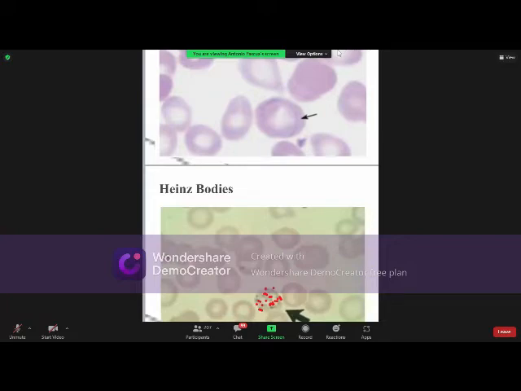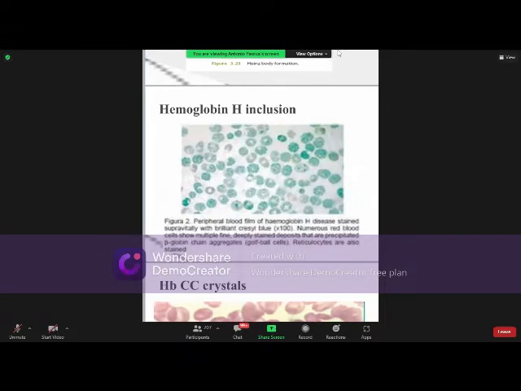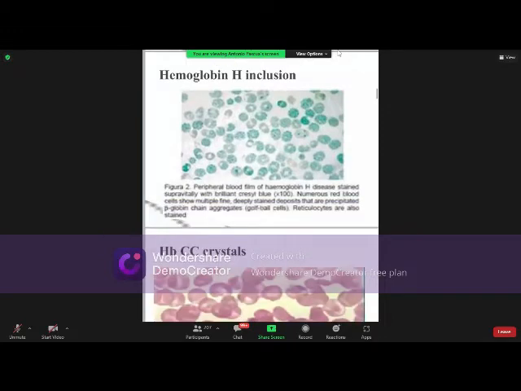Follow-up question: what is that poikilocyte you can encounter whenever Heinz bodies are present? Degmacyte. Good. You have your bite cell. Because your spleen has removed the Heinz bodies, your cell now appears like a bitten piece of donut. That's why you call it a bite cell. Then, the next one here is hemoglobin H inclusion. Time out for a while.